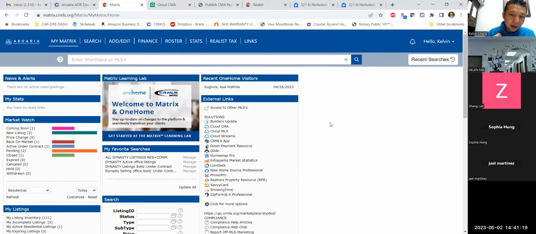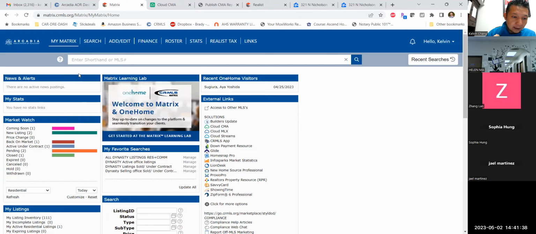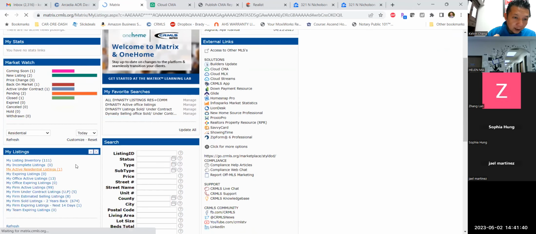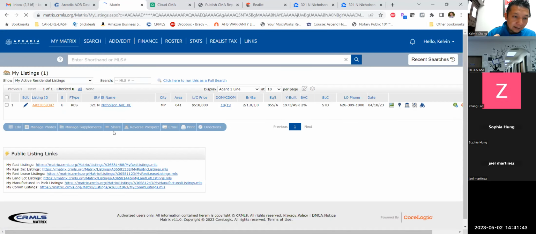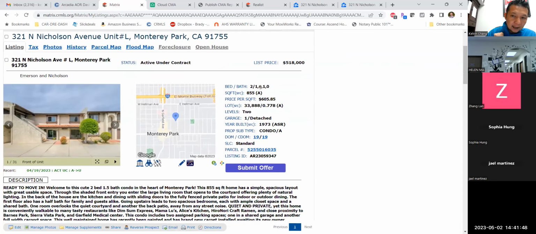So I said, okay, let's aim for a higher goal. I don't mind pricing it anywhere from 500 to 518. And the seller told me to work for 518, the highest of the range I told them. So we went ahead, signed a listing a month ago, and worked on the photography, then the MLS and everything like that. This property came out to 518 with 2 bedrooms, 855 square feet. We priced it at 605 per square foot.